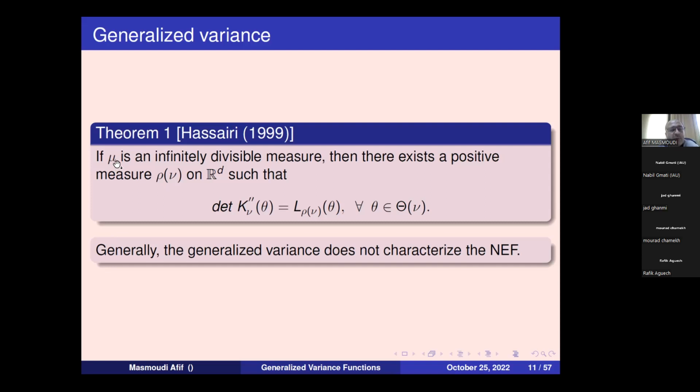Ahsari gave the following result. If mu is an infinitely divisible measure, then there exists a positive measure such that the generalized variance function is a Laplace transform of some measure rho nu. Generally, the generalized variance does not characterize the natural exponential family.